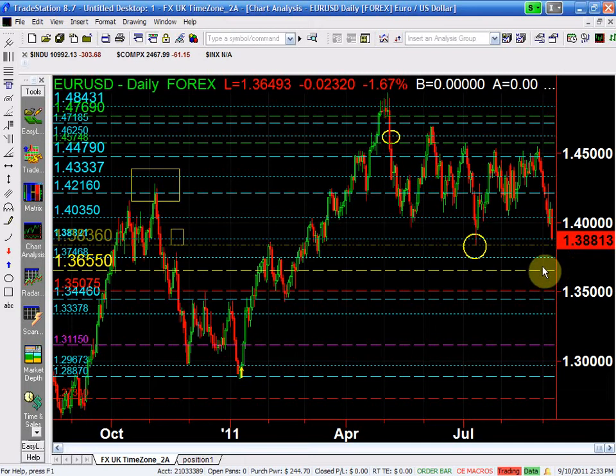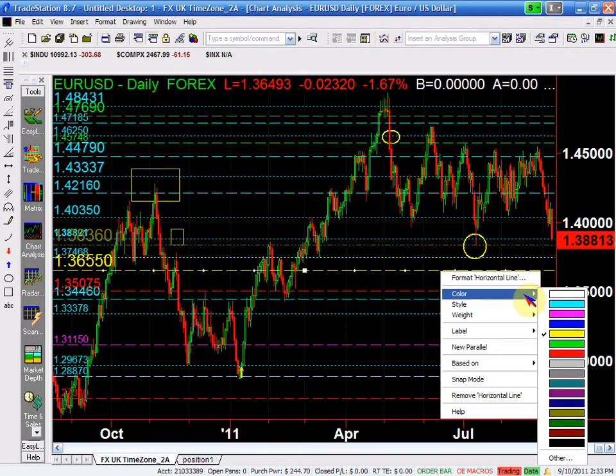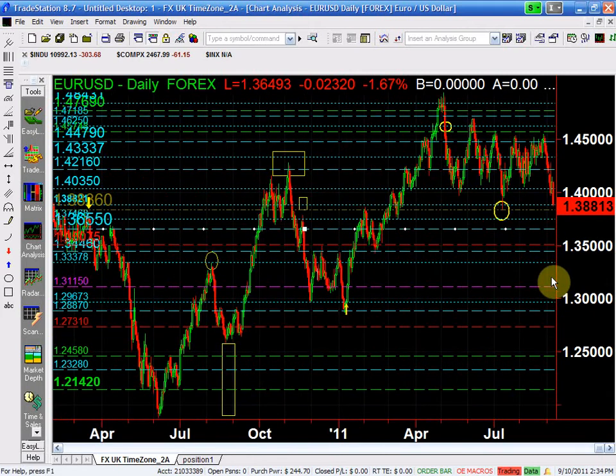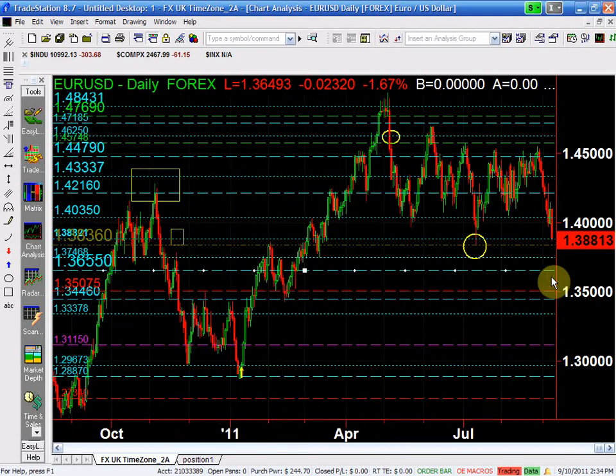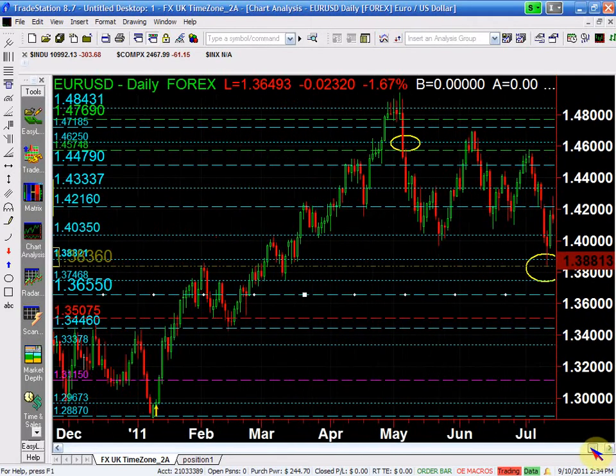Okay. So this is where we are for the close now. 136.55. I'm just gonna see where the 136.55 takes us.